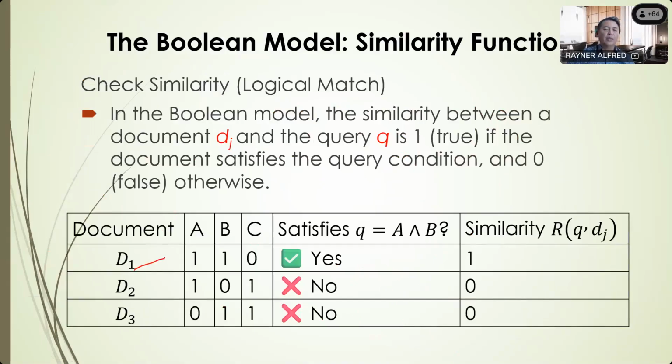But the problem with this is that we cannot do the ranking. Because if document 2 matches, they also say similarity is 1 here. There is no difference between D1 matching with the query and D2 matching with the query. So we cannot do ranking.